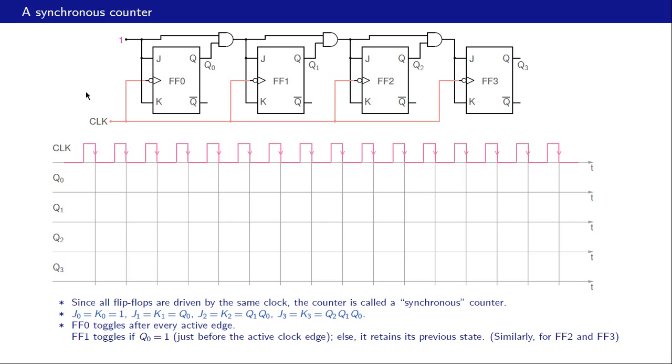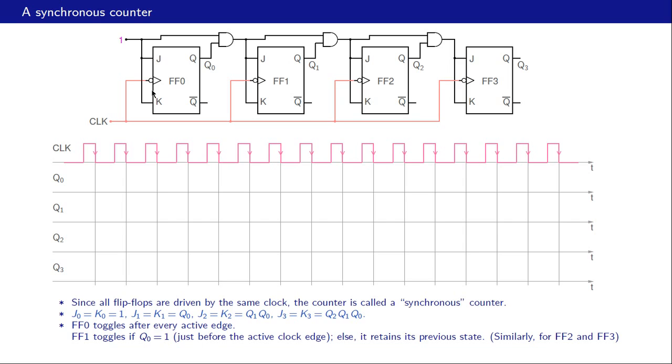Let us now figure out how this counter works. Since the same clock is applied to all flip-flops, they all respond to the same active edge, and the active edges are marked over here, the negative edges of the clock, since these are negative edge triggered flip-flops.